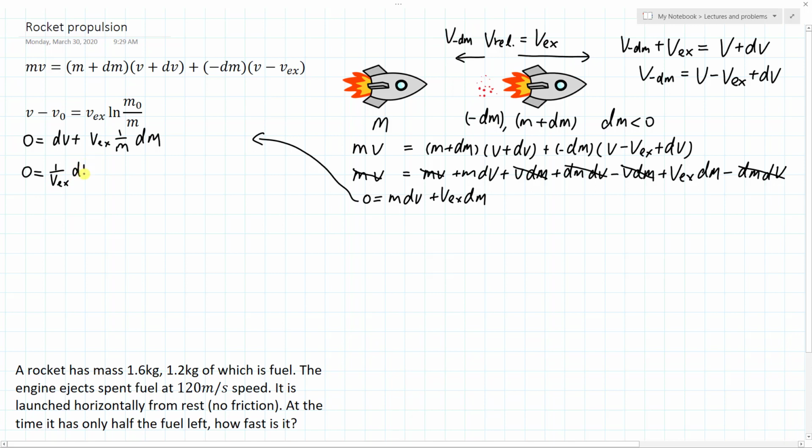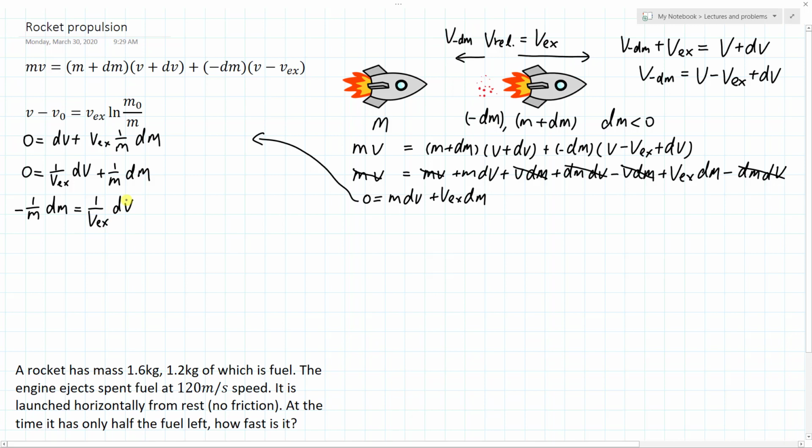Hopefully the engine performs constantly. And then we can move one of these terms to the other side. So let's say that we move this term to the left side, so we'll carry a negative sign. So 1 over m negative dm equals 1 over v exhaust, this is a constant, times dv.